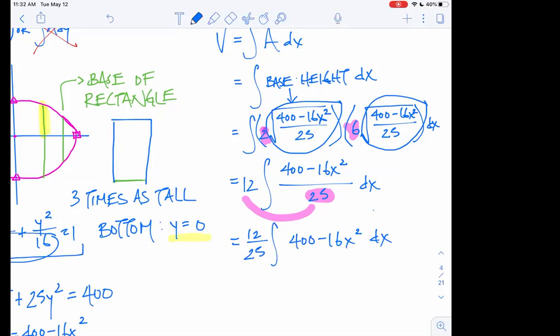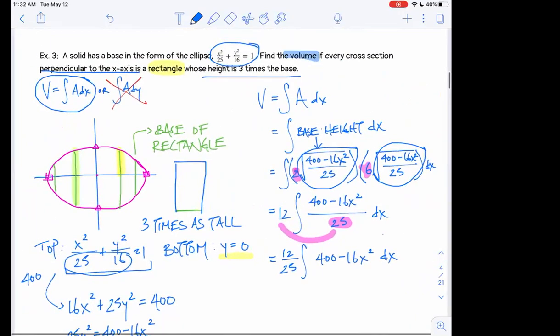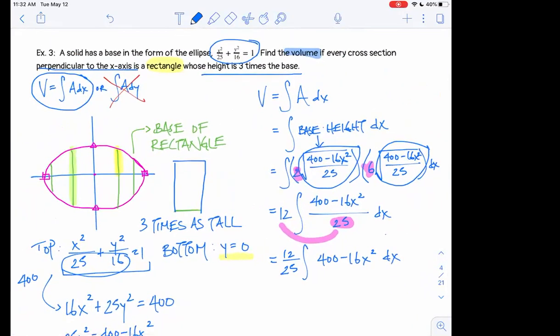Now, the last thing I need to do is find my bounds, so that I know what to plug in. So let's go back to our diagram here. If I look at my bounds, what is my lower bound going to be, or my A? -5. -5, very good.